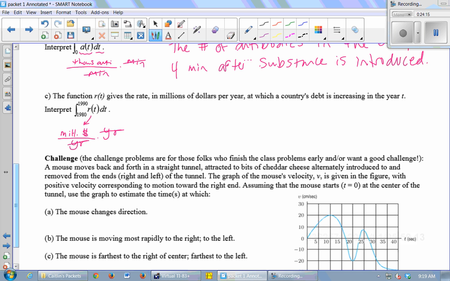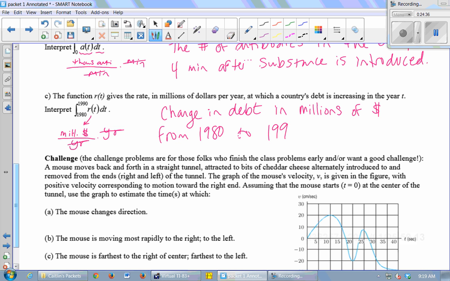Total change in debt measured in millions of dollars, from 1980 to 1990. And it would probably be an increase, right? Probably an increase in the debt.